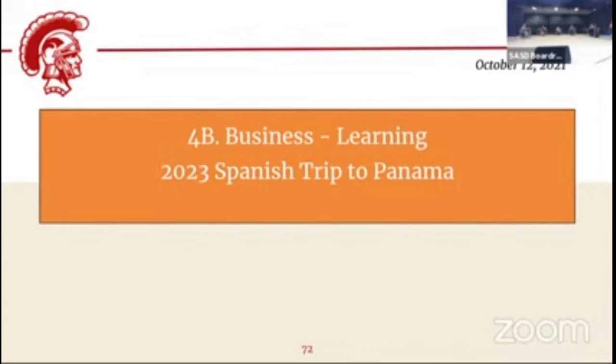And then my trip that should have happened this summer, then 2 years out, would be the Panama trip, which is why I'm already proposing another trip, even though we're going to Spain, because a lot of kids didn't sign up for the Spain trip because A, they couldn't afford it, and B, we presented it 3 years ago. So I want to get this Panama one out there for those kids who missed the Spain opportunity before it's too late and before they graduate.